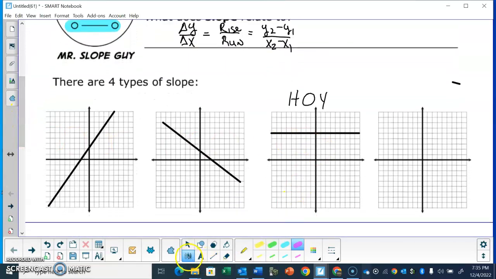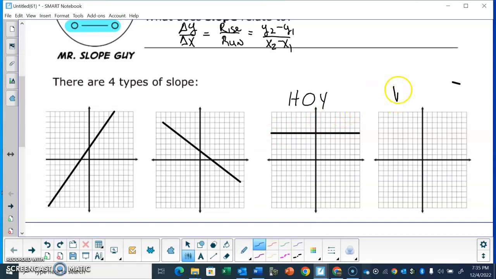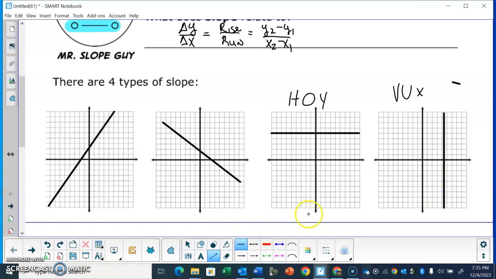So when it is undefined, we call it Vux, right? So it's a vertical line, undefined, and the equation for that is x equals. So the vertical line is going to be, boom, like that, straight up and down. So these are the four types of slopes that we have.